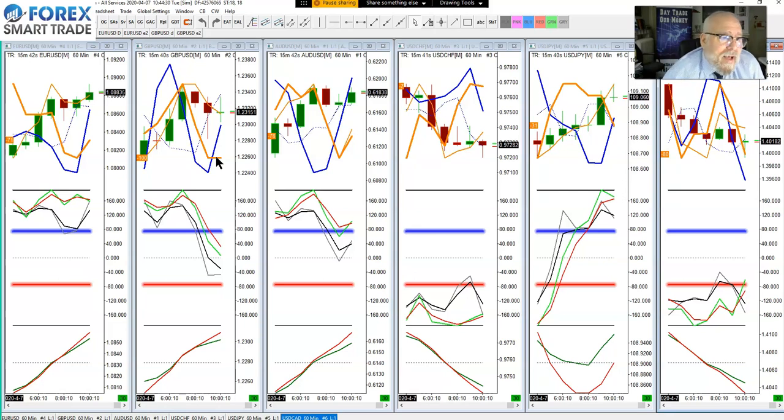So we get that by looking at where the major and minor lines are. And if this is minus 100, I want all of these lines touching or below the red. So I'm getting two different signals that are calculated different ways, telling me, yeah, the market's about to turn.